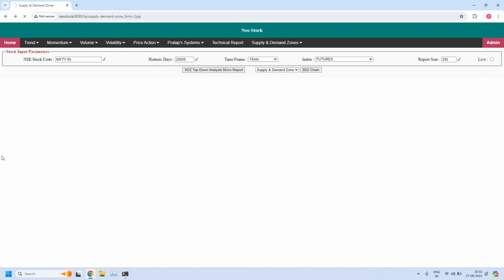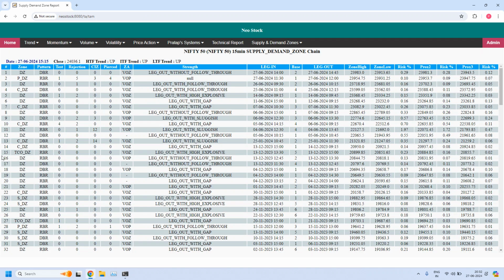Let me generate the 15 minute supply demand zone chain. And in 15 minutes also we have a zone created. It's a normal demand zone, and also a pierced zone. This one is a pierced demand zone, already pierced. Maybe there is a lower time frame zone providing support to this zone that we will identify in 5 minutes time frame.